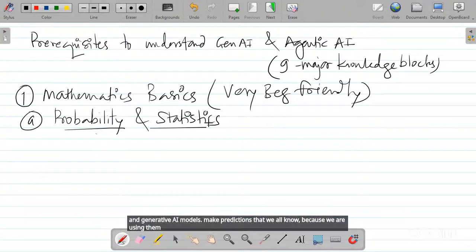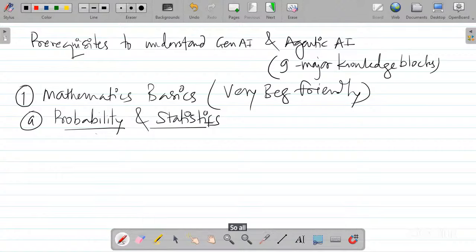We are using them for making predictions, for the reasoning part, and for research. We are using them for generating contents and all. So all these models are making predictions based on what? They are making these predictions based on probability distribution. So that's why the probability part comes here, and it becomes very important as a part of prerequisite learning, right?